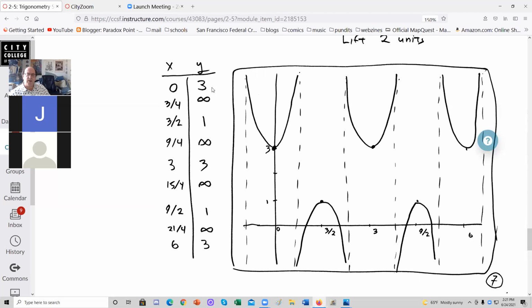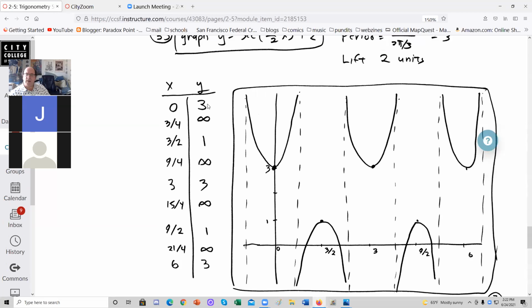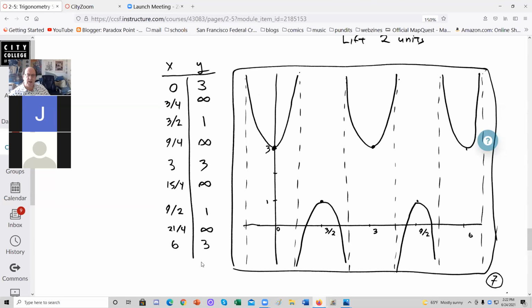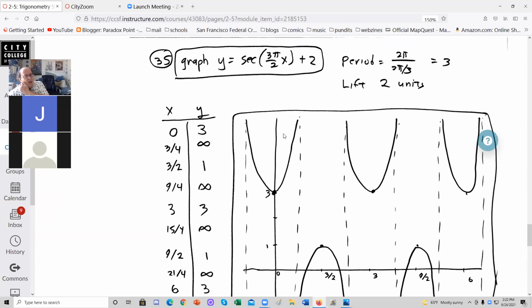At 0, it's 3. 3 units later, it's also 3. Half a period later, this would be a negative 1 plus 2, which is a positive 1, because we're lifting it by 2 units. And in between the 3s and the 1s, you have your infinities. So it looks like this.